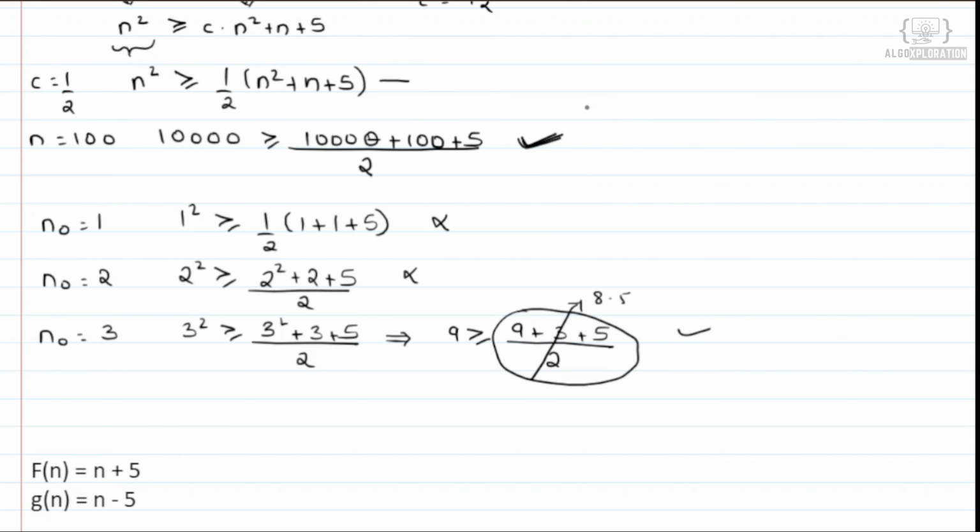So when c equals 1 by 2 and n naught equals 3, f of n is equal to omega of g of n. I highly recommend that you watch the previous video to see what's going on actually.